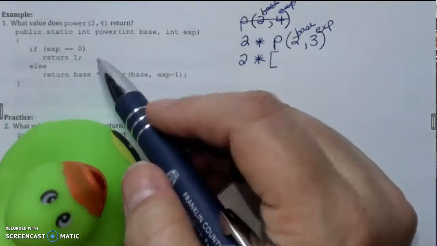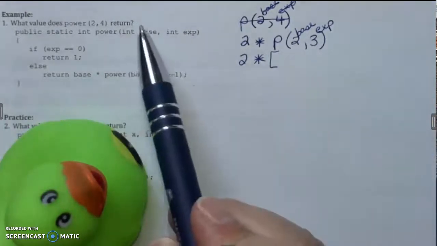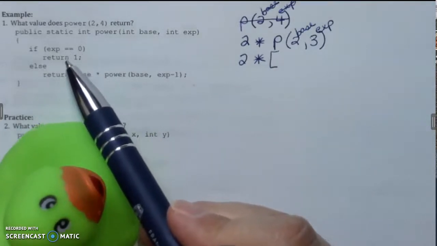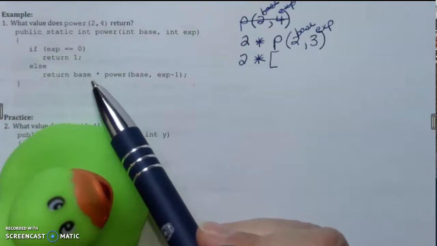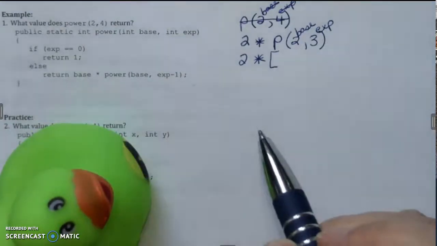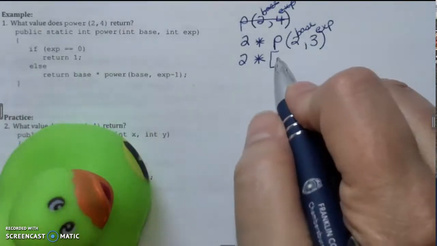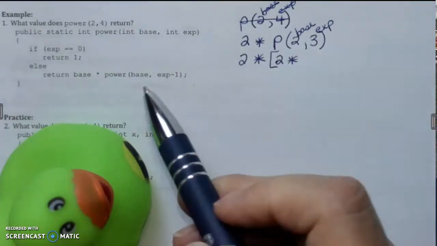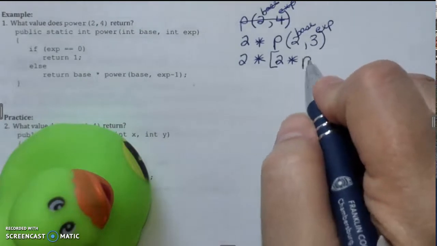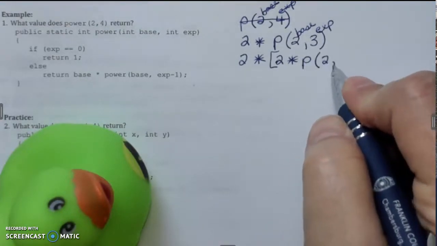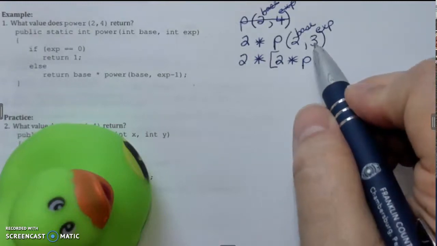Coming into this method again, where base is 2 and exp is 3, exp is not 0, so I'm going to do the else case. I'm going to return base, which is 2, times power, that recursive method, of the base, which is 2, and exp minus 1, and exp is now 3.